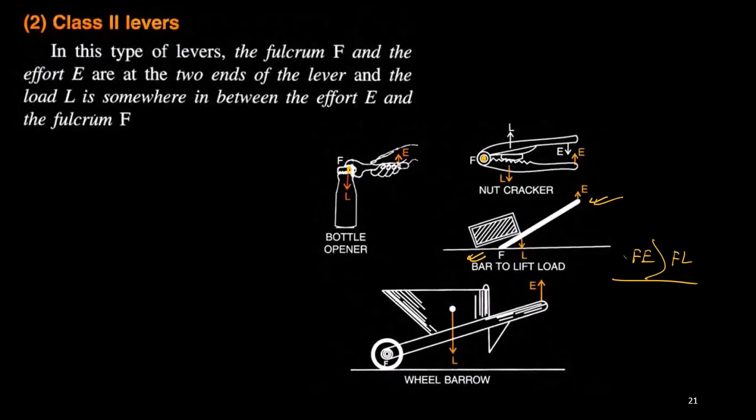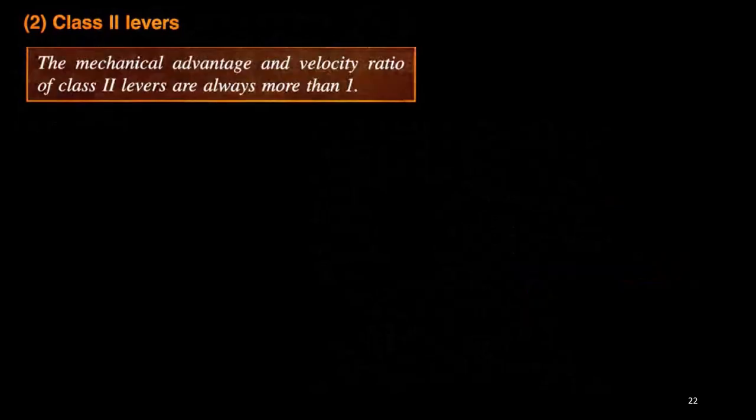So the mechanical advantage is going to be more than 1. The mechanical advantage of class 2 is always more than 1. It is always true. But that cannot be commented for the class 1 lever. For class 2 lever, the fulcrum is at the end point, the effort is at the end point, and the load is in between.